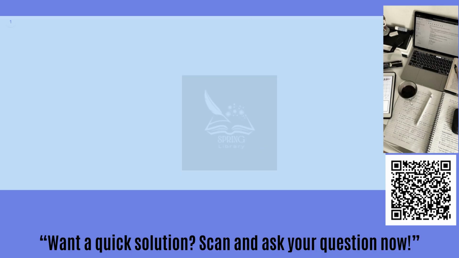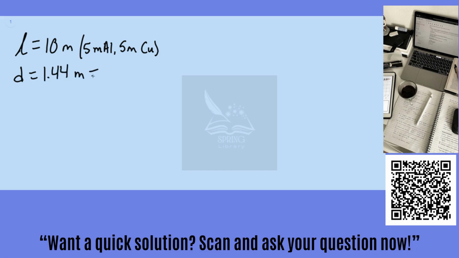So this question is asking us for the resistance, the current, and the voltages across the separate sections of the wire. So we have the length of the total wire, 10 meters, and then we have 5 meters of aluminum and then 5 meters of copper. The diameter of this wire is going to be 1.44 millimeters or 0.00144 meters.